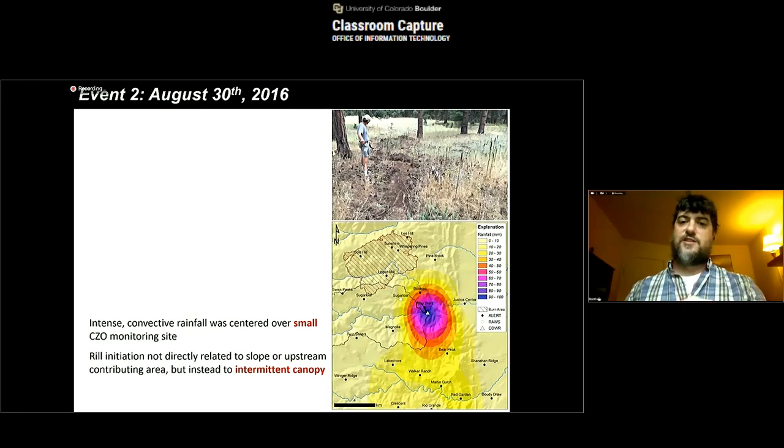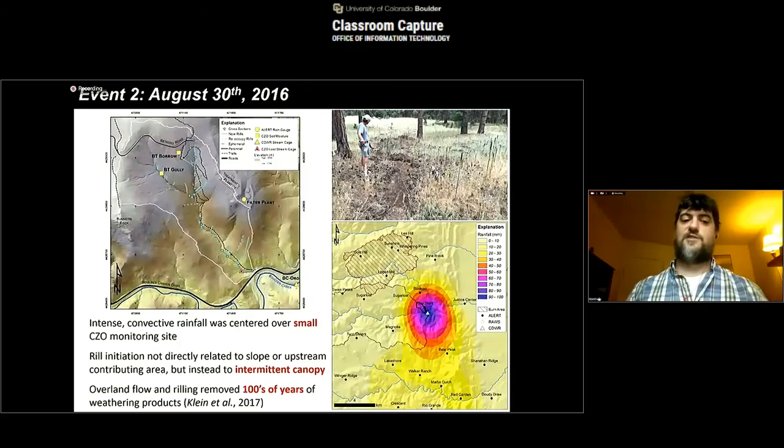Well, this small convective event actually produced a lot of rills in this small catchment that removed hundreds to thousands of years of weathering products, just like that 2013 event. Now, it only happened over a small area, but that process was able to remove hundreds to thousands of years of soil. And this is just a map showing where those rills occurred.